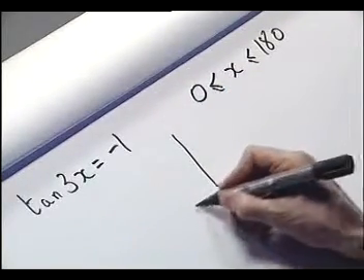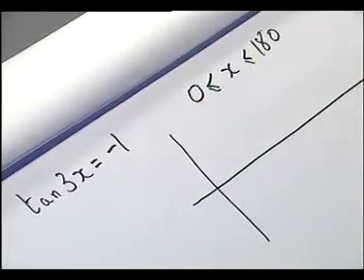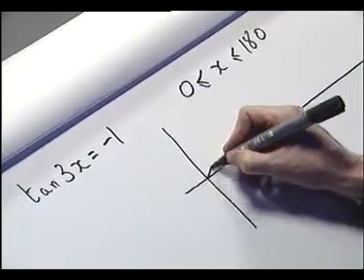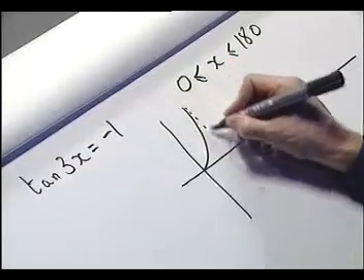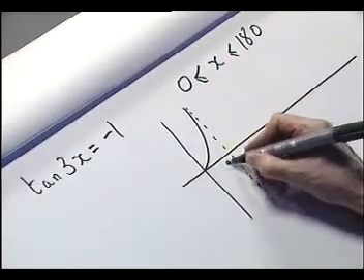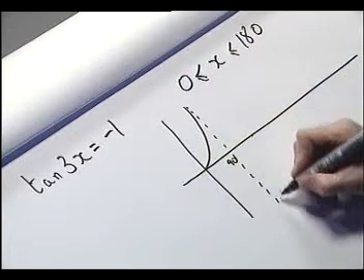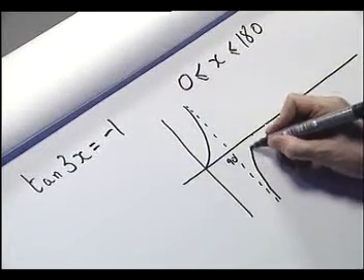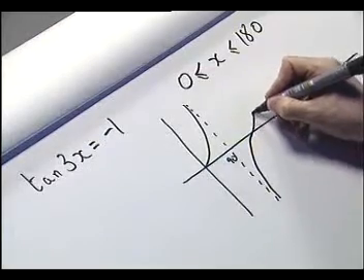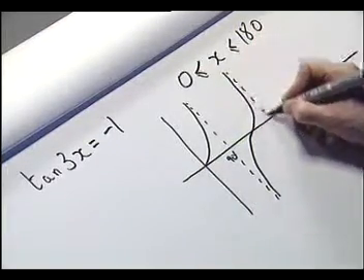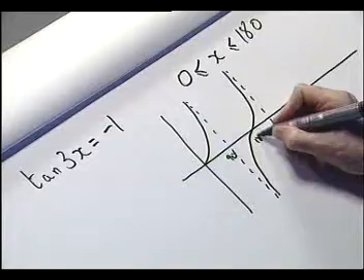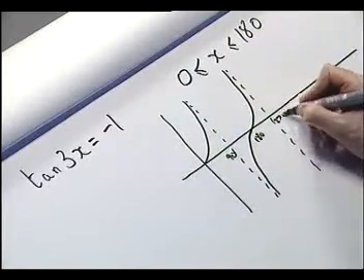So we'll draw a graph of the tangent function. So we go up, and we've got that there, that's 90. And this is 180, and this is 270.